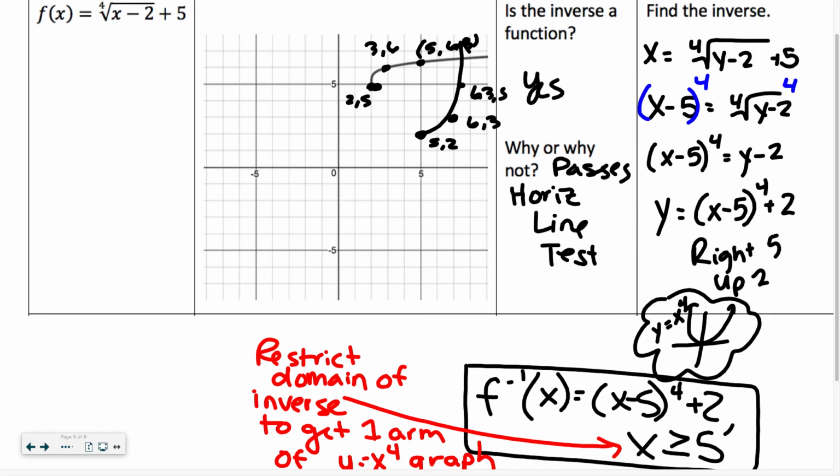So when we're graphing those, do you switch the numbers? Yeah, switch x and y.